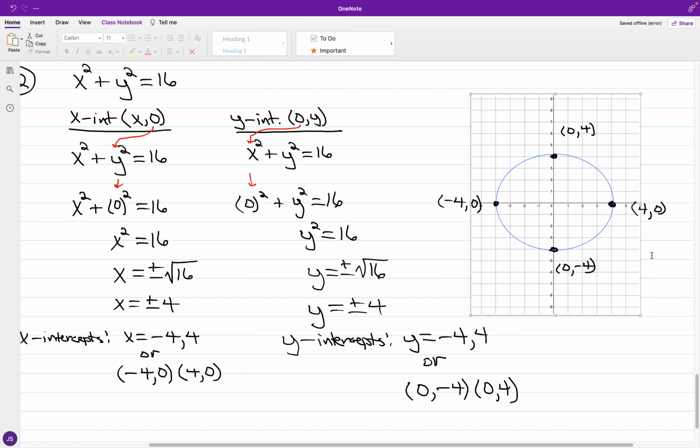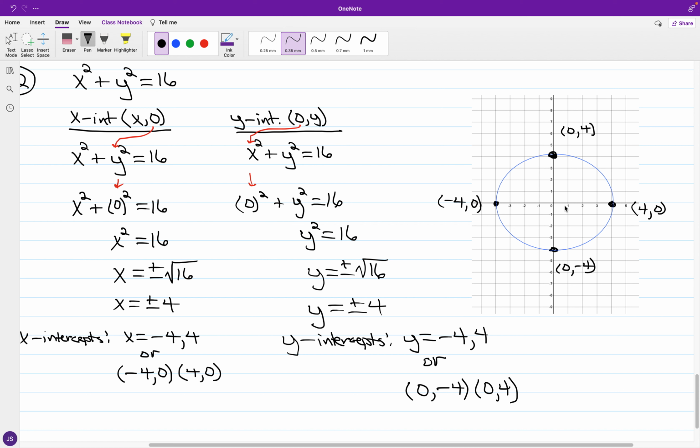So for this particular image, it looks like there might be a little bit of deformation, but for what we have here, this is an equation of a non-function, and you're going to have (0, 4) and (0, -4) for the y-intercepts, and (-4, 0) and (4, 0) on the x-axis.